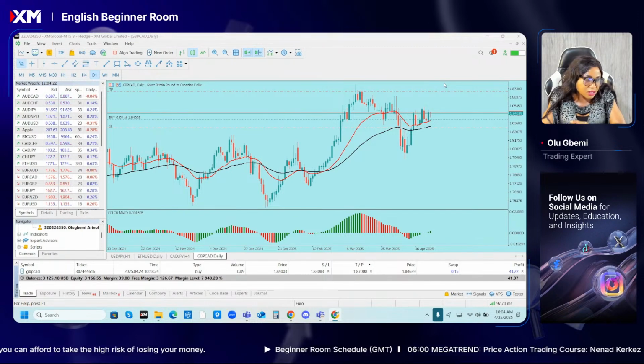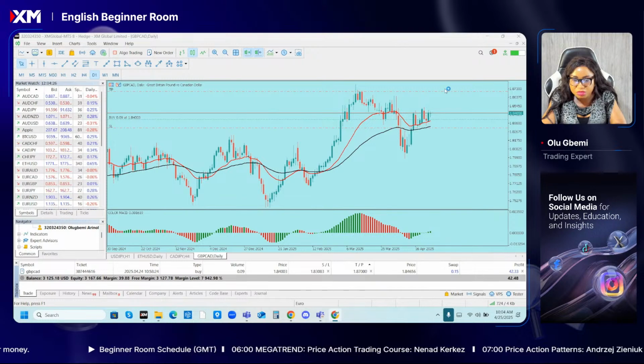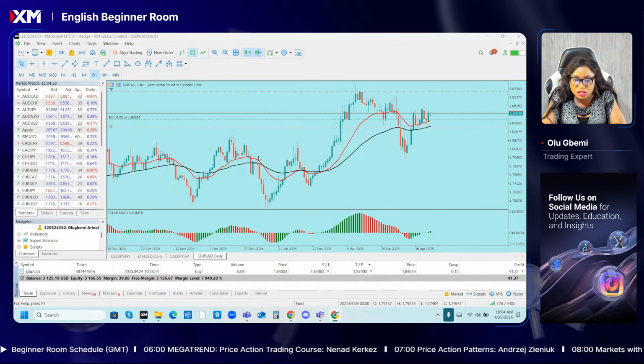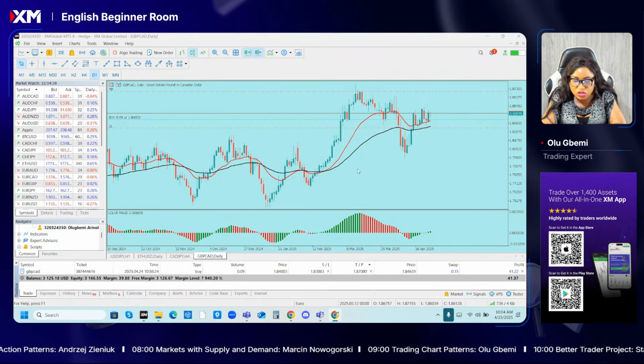However, for me, based on patterns trading, as I open this chart, I can see some patterns that give an idea of what the price would do, and the price did move in that direction as well.